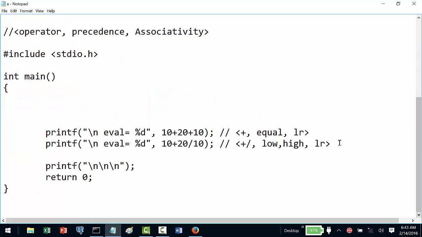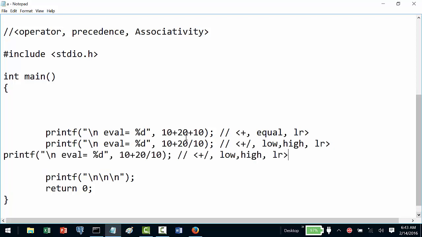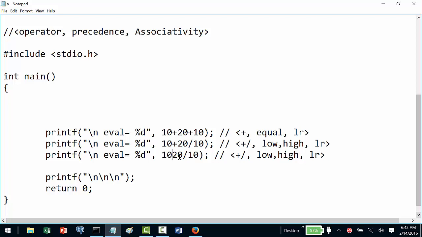Now again, suppose I have one more expression. Now if I have an expression like this, wherein the expression is say 10 star 20 divided by 10. So now I have equal priority operators again.